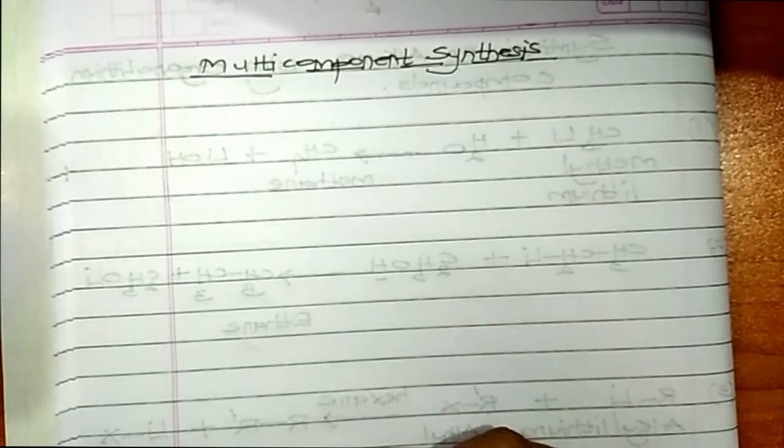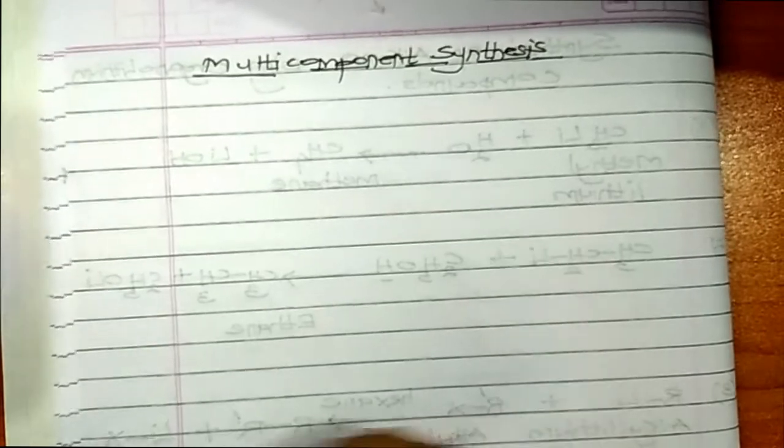So when you have more than two components in a reaction vessel, that type of synthesis is given a name. We call it multi-component synthesis. I repeat, more than two components in a reaction vessel is called multi-component synthesis.